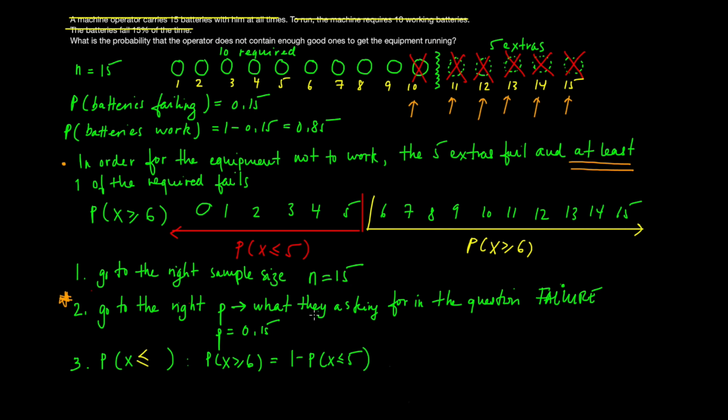You went to N15, P of 0.15, and then on the left-hand side, you'll see the x's. X equals 0, 1, 2, 3, 4, 5. So then you know that the number that you're going to find right here at x equals 5 is everything included up to 5, right? So it contains the 0, the 1, the 2, the 3, the 4, the 5. Why? Because binomial tables are cumulative.